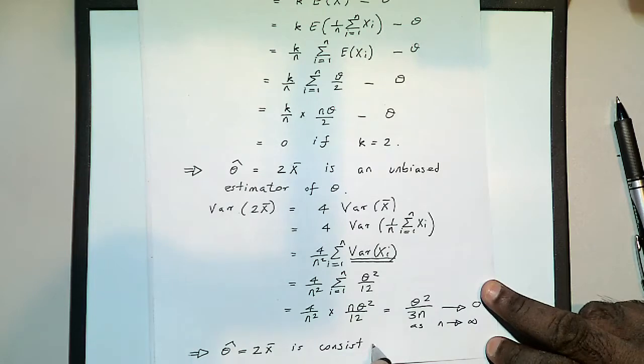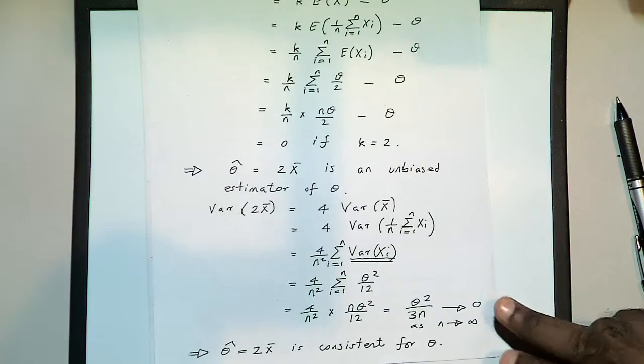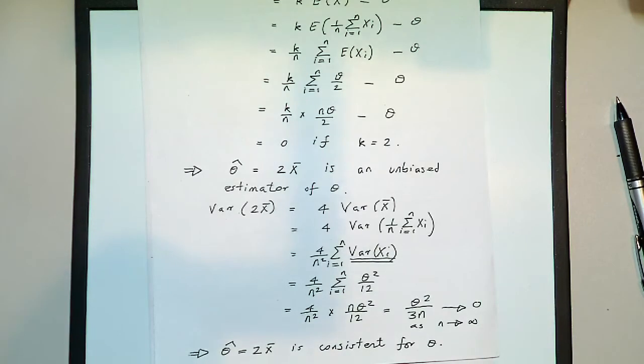Remember, an estimator is consistent if the MSE, the mean squared error, approaches 0. In this case, the MSE is the same as the variance because the bias is equal to 0. Right? Okay, so this estimator has both the good properties, that is, it's unbiased as well as consistent.